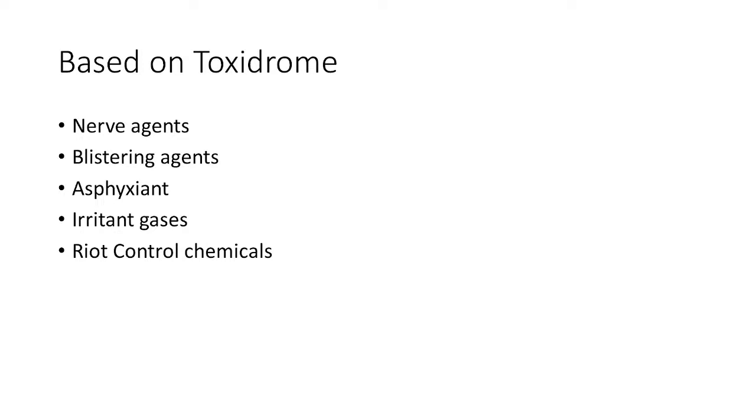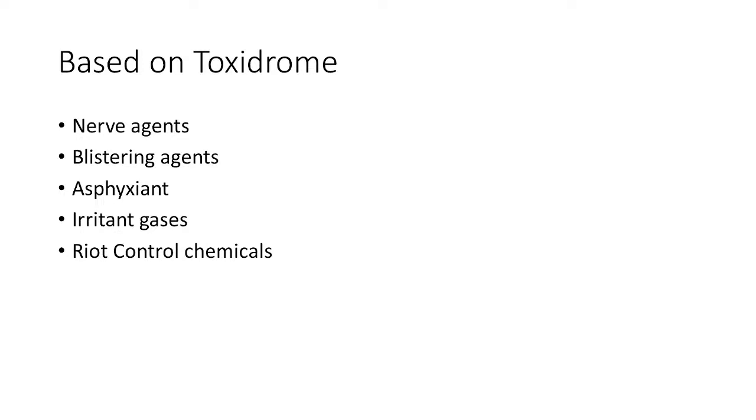There is increased salivation, increased lacrimation, increased bronchorrhea, bronchospasm. So the clinical features of nerve agents are more or less similar to those of OP poisoning. Here the only difference is the rapidity with which symptoms develop. So it is within seconds to minutes. Okay.